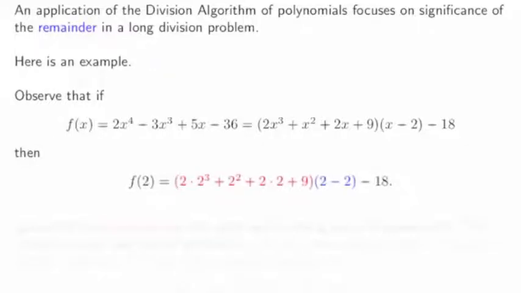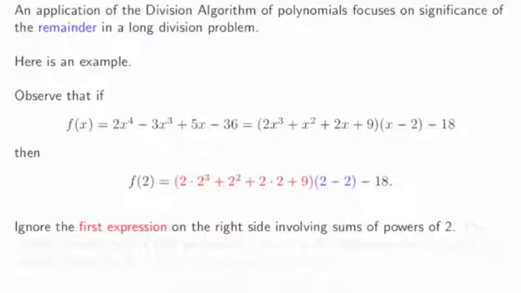Then if I ask, what is f of 2, you could plug in 2 for x, and get that expression in red, times x minus 2, which is 2 minus 2 in blue, minus 18. If I take the equation above and plug in 2, I get this expression in red, blue, and black.